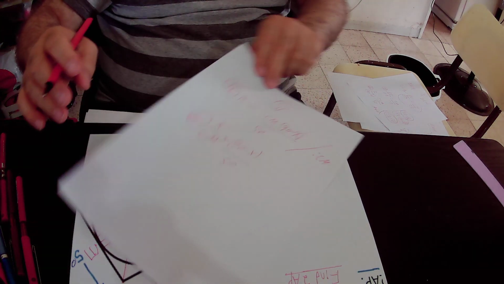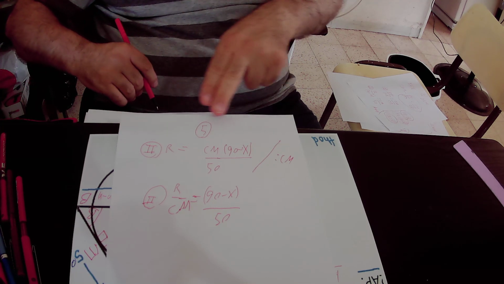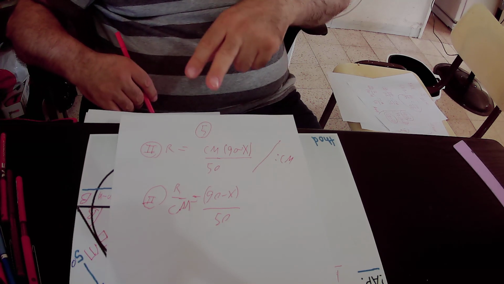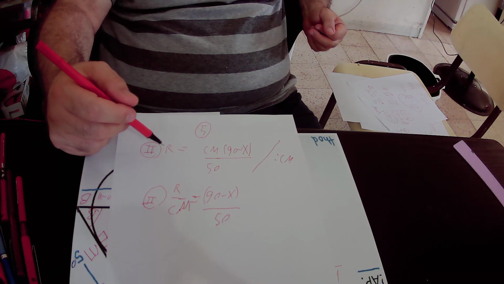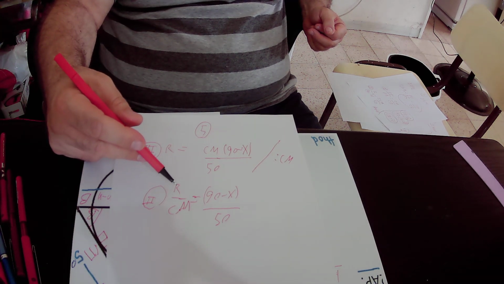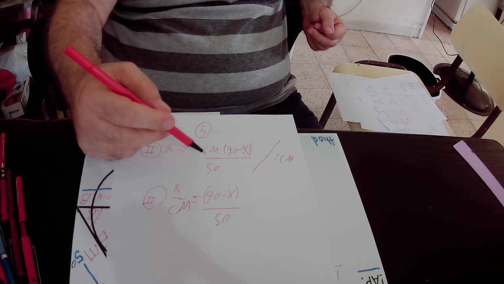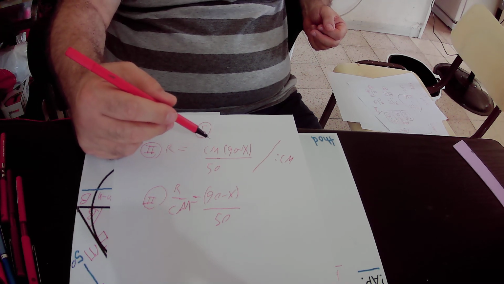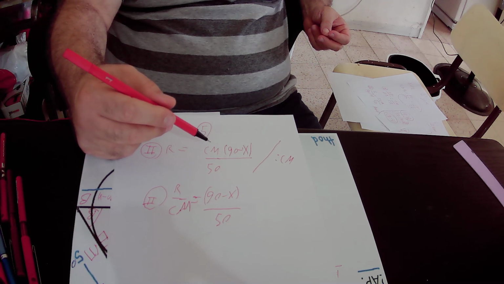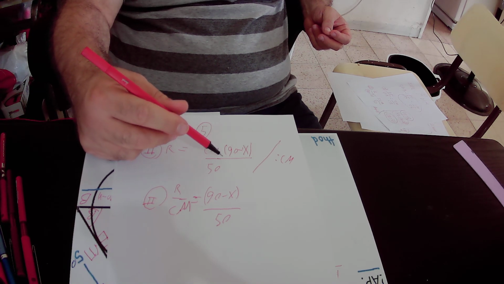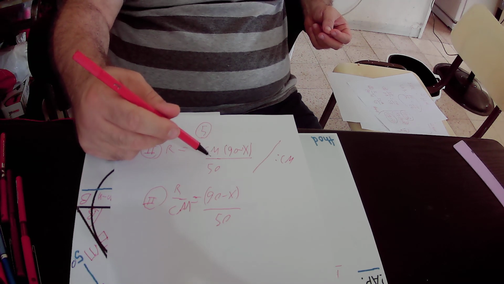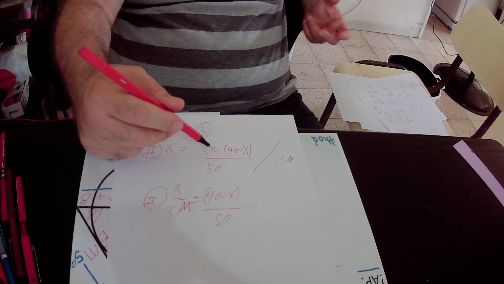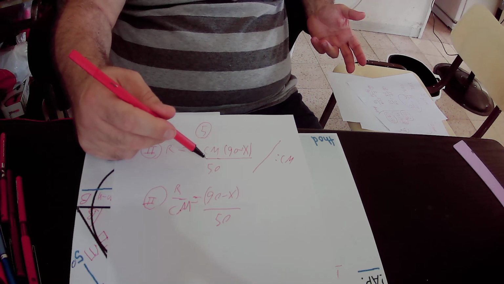Again, we divided both sides of this equation by CM. So R divided by CM is R divided by CM, and 90 minus x over 50 times CM divided by CM, CM divided by CM is 1.